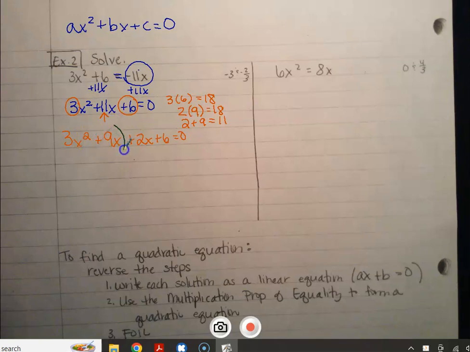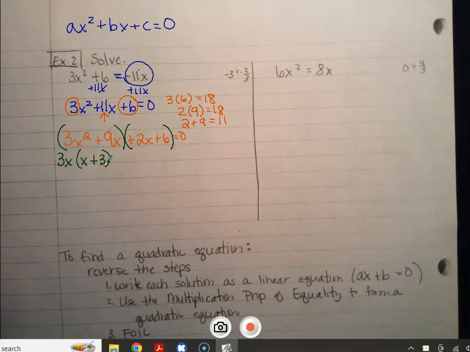Then we do the grouping. We group the first 2 terms and the second 2 terms, just like we did previously. We can factor a 3x out of the first one. 3x squared divided by 3x gives me x, plus 9x divided by 3x gives me 3.